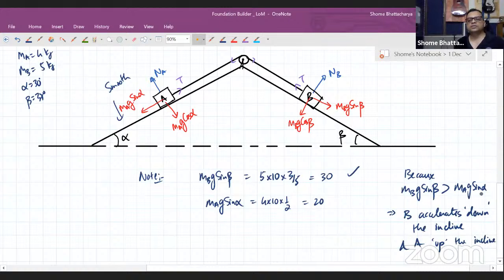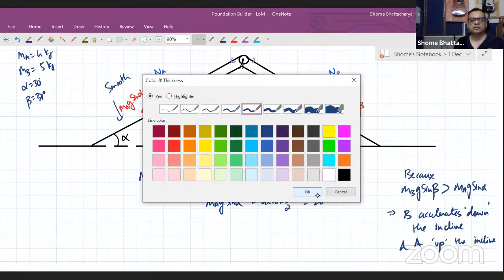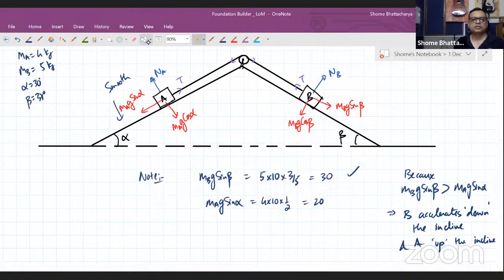So the directions are going to be like this. A will accelerate up the inclined plane and B will accelerate down the inclined plane. Because they're tied by a thread, they will have the same magnitude of acceleration.